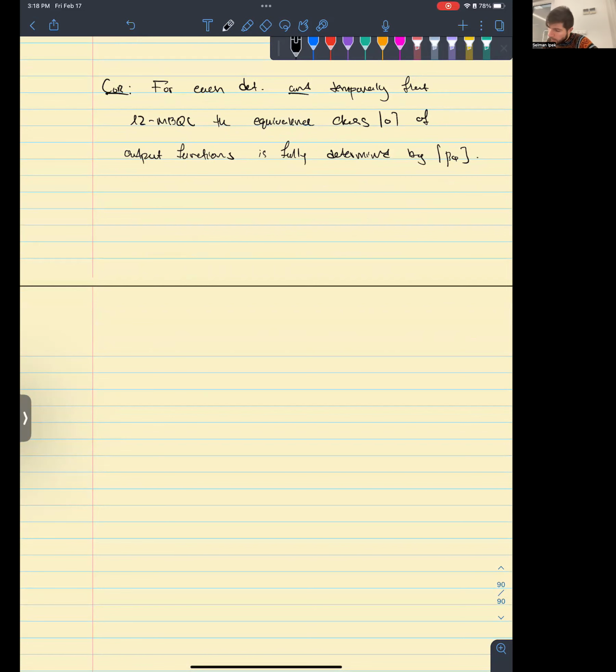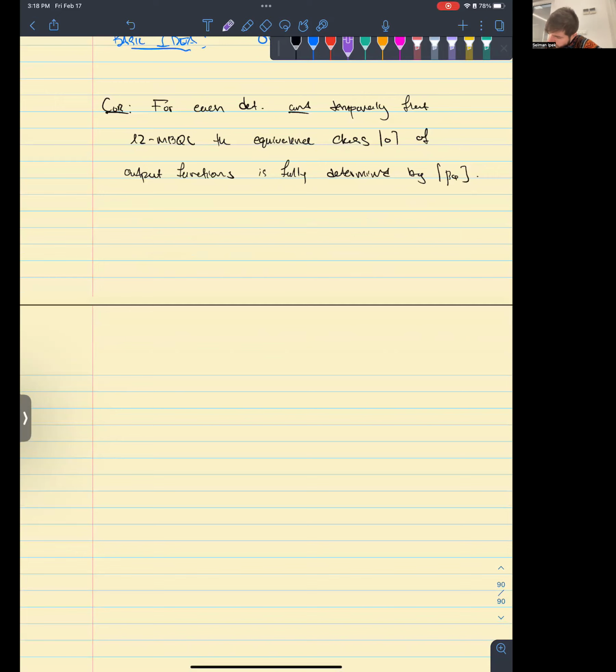Here I will now go to the comment that I was going to make before. A drawback of this formalism is the restriction to the temporally flat case.